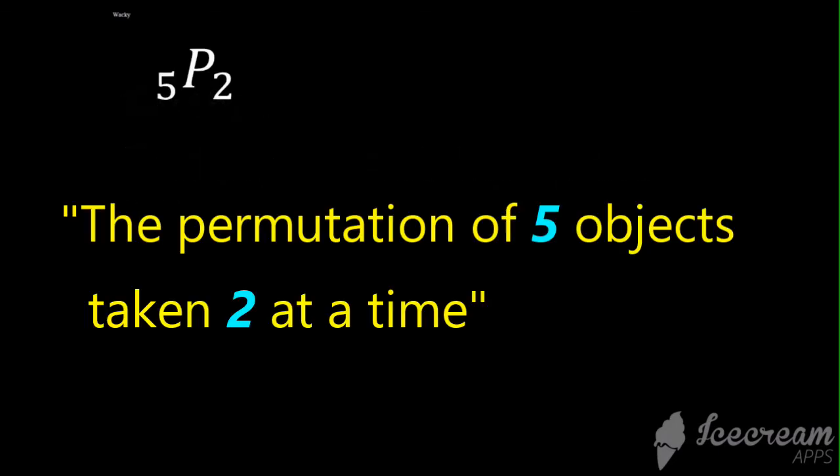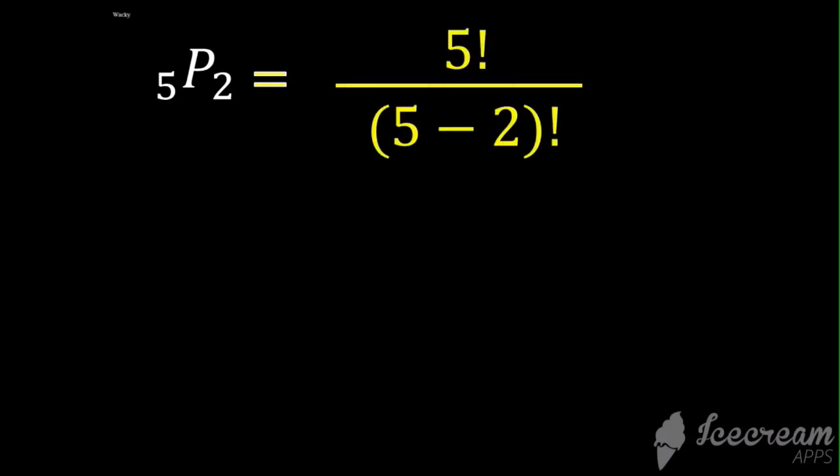Try this: find the permutation of the following. So that is equal to 5 factorial over the quantity 5 minus 2 factorial.